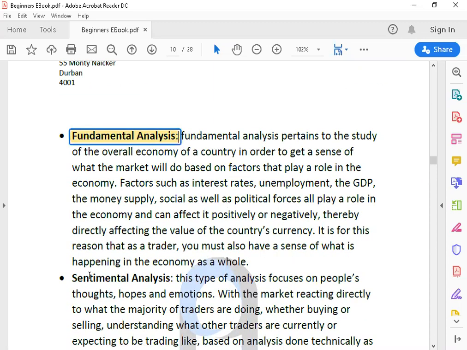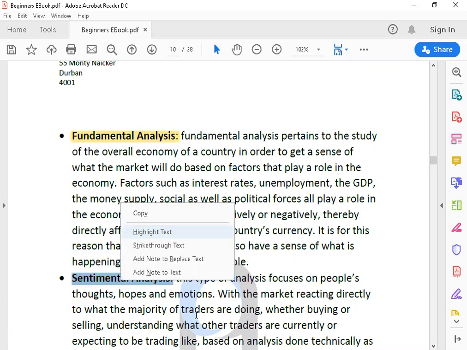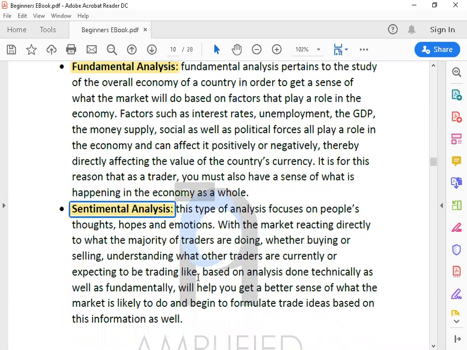And thirdly, one of the most commonly used ones is sentiment analysis, right? So sentiment analysis focuses basically on people's emotions and whims. All right. So let's say you feel very strongly about being proudly South African, and you feel like you want to be a buyer of the currency naturally because of that.